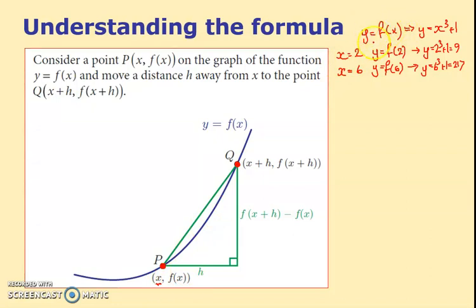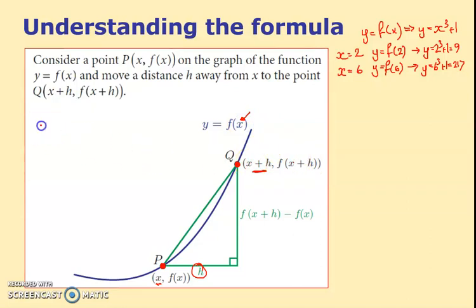But if I go slightly further over, I'm going to say this x coordinate is x plus h, because I'm saying I'm going to go h over. The width of the base of my triangle is h. So this is now x plus h, which means when I sub x plus h into there, I get f of x plus h.